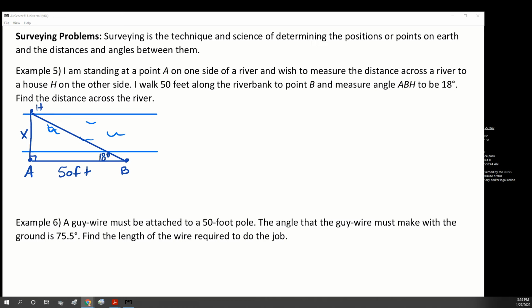Okay, so then I look at what I have, this side and this angle, and what I want, and think about the trig ratio that connects those things. For this situation, the hypotenuse isn't involved at all. And when the hypotenuse is not involved, you're going to use tangent.